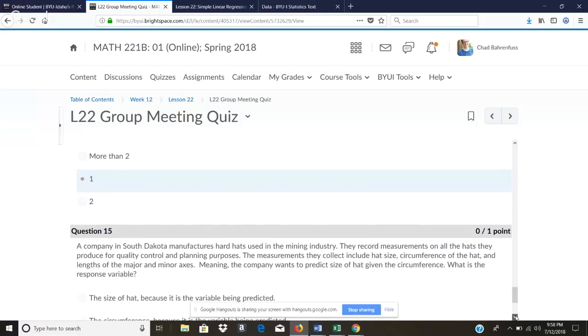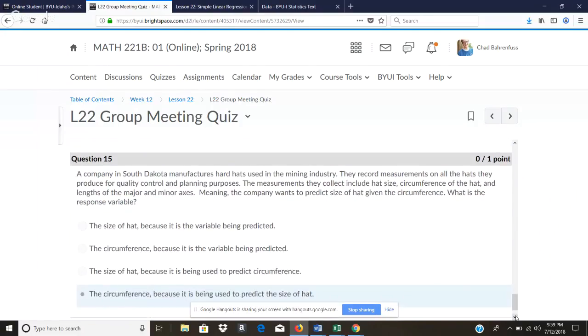And the last one I got wrong. The measurements they collect include hat size, circumference of the hat, the length of the major and minor axes, which I don't think matter. It says the company wants to predict size of hat given the circumference. What is the response variable?